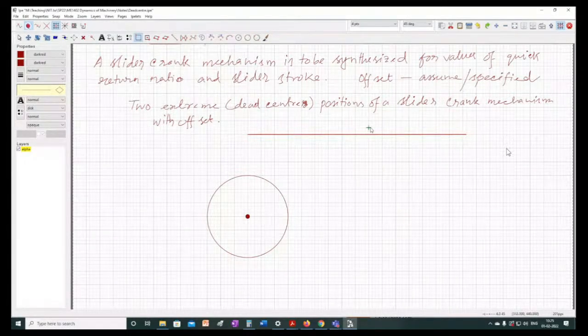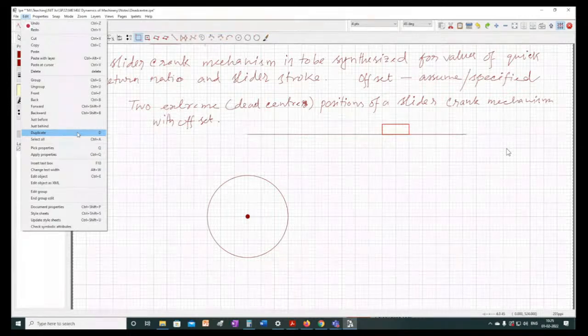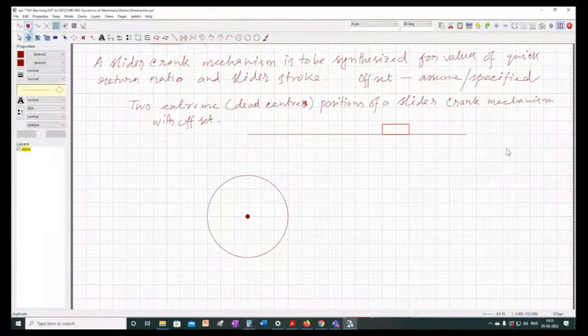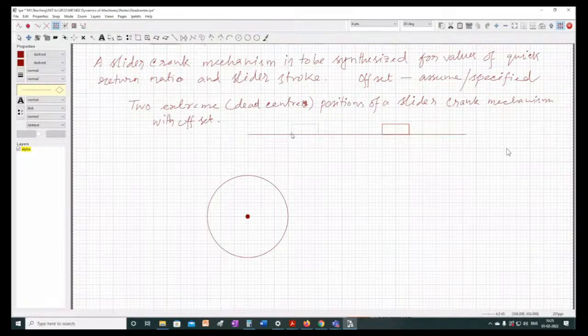Okay. For example, suppose you have chosen this as the first, or one of the extreme positions of the slider. And the other extreme position of the slider, suppose somewhere here it is.